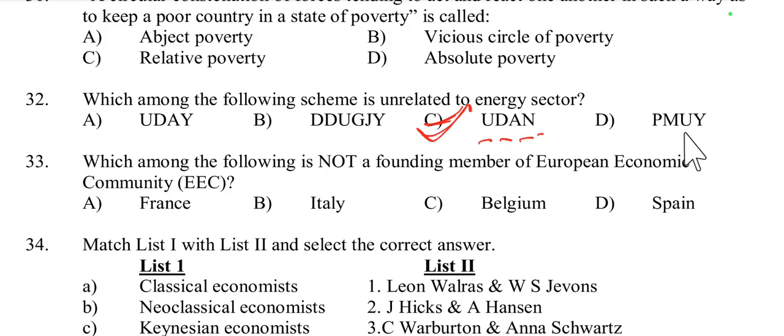And PMUY, Pradhan Mantri Ujjwala Yojana, focuses on providing LPG connections to rural households. So these are all related with the energy sector, but UDAN is related with the aviation sector. So option C is right here.